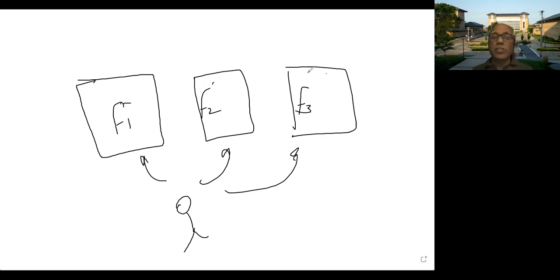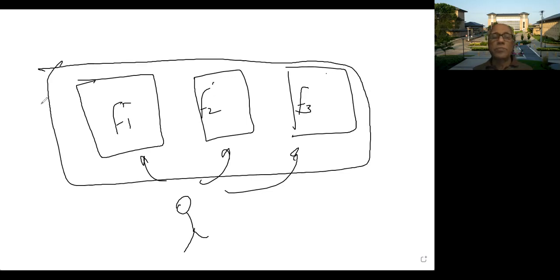So your application system might contain 3 facades, and so this is your whole application. Okay, so that is what I wanted to say. So this library is an example of a facade.